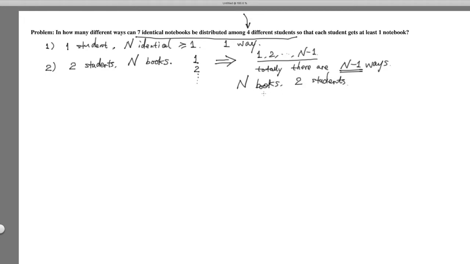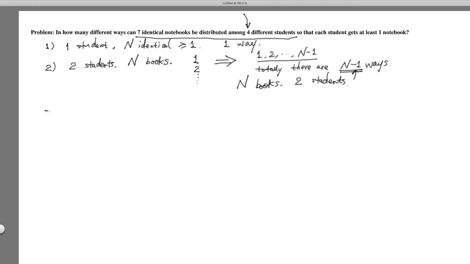And again, this question is pretty simple, right? If you just look at this question at first, how many ways I distribute n books to 2 students, it's very easy to arrive at this solution. n-1 ways, because the first student can get either 1, 2, or 3, and then afterwards it's just determined.